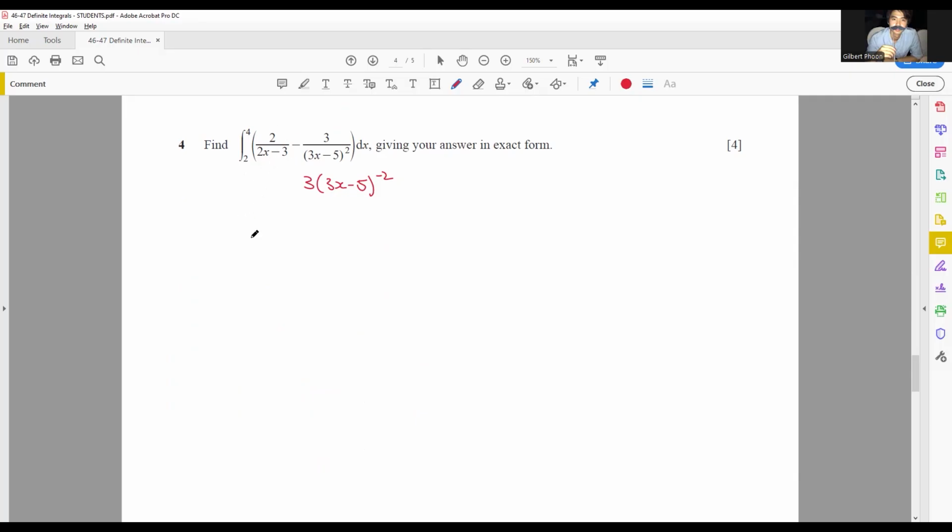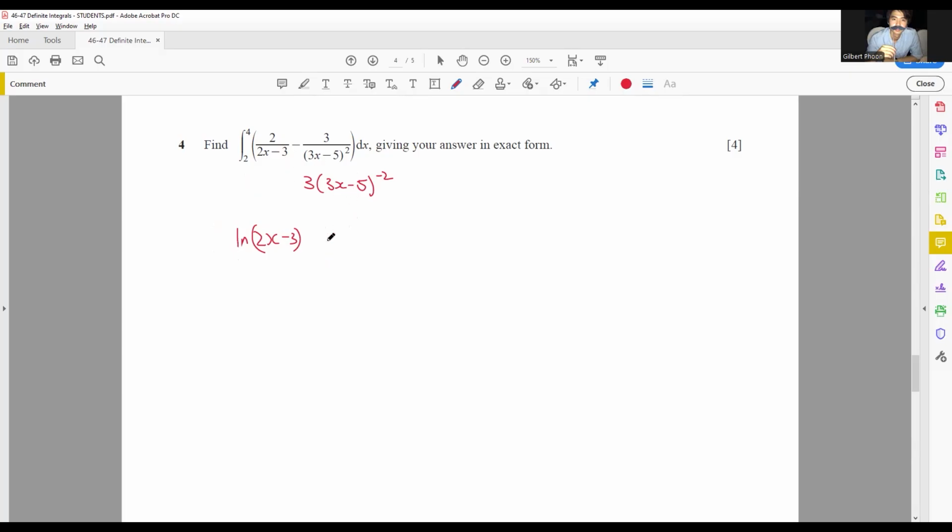Integrating for this, you would have ln 2x minus 3. Now, once again, I ask you to check: when you differentiate this, you will get the 2 on top, right? So in this case, we do not need to have a constant or a multiple here, because differentiating this will give me this exactly, right?